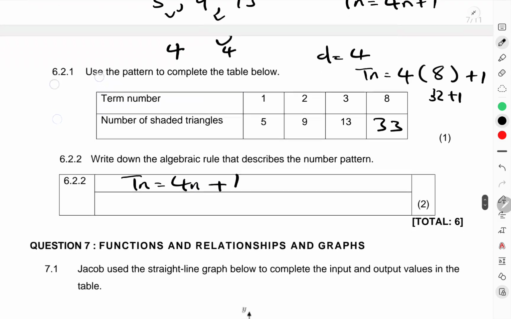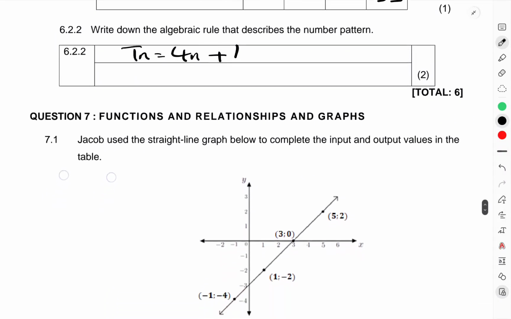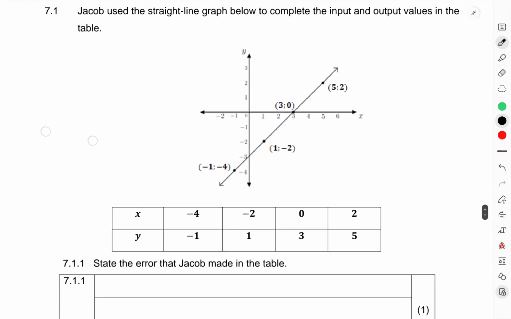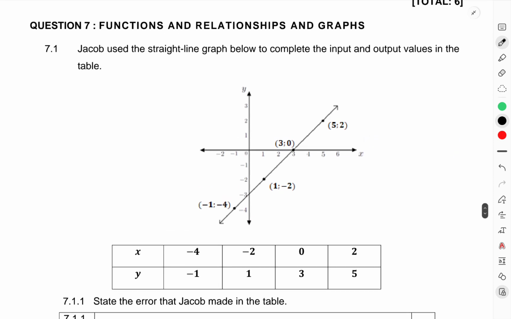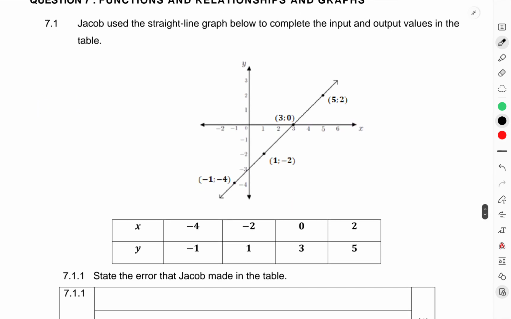Then after, functions, relationships, and graphs. Now we have Jacob, who used the straight line graph below to complete the input and the output values of the table. Now we know that when we are given a straight line, the first number that you see on the coordinates represents the x value.